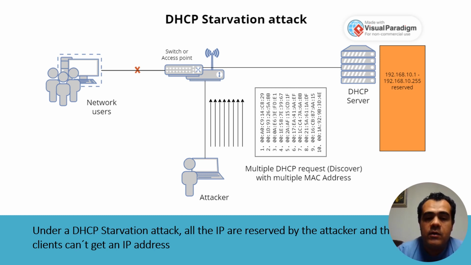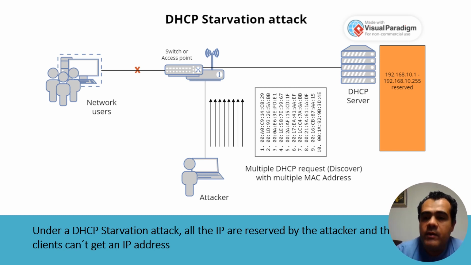Obviously, all these packets are sent to the DHCP server, and the DHCP server starts responding by offering IPs. Let's say that we have this network range from 192.168.10.1 to 10.255.